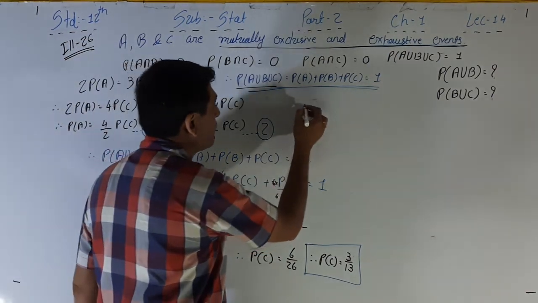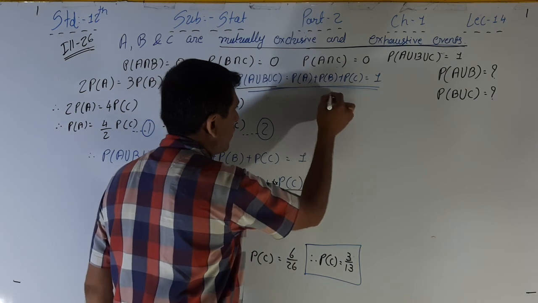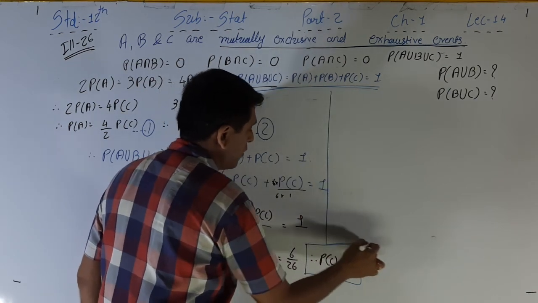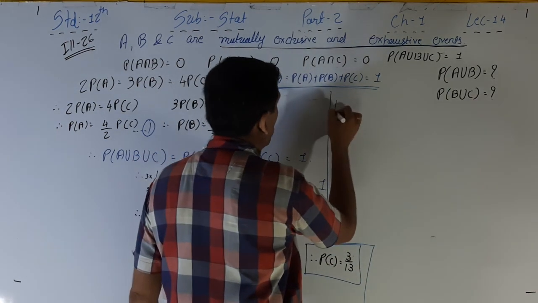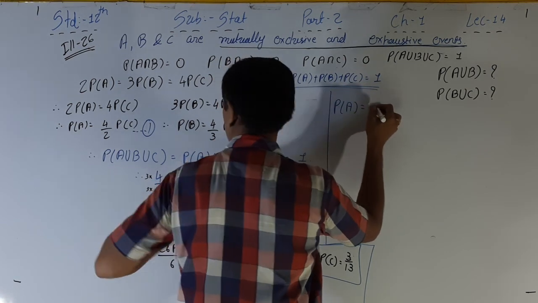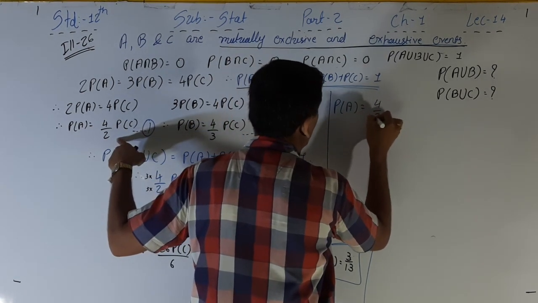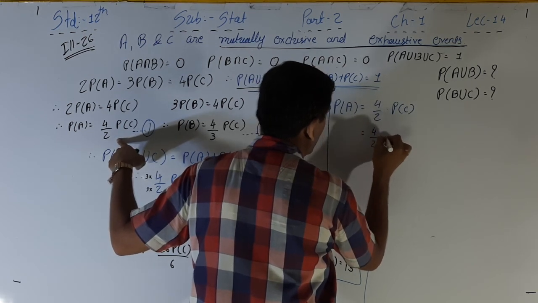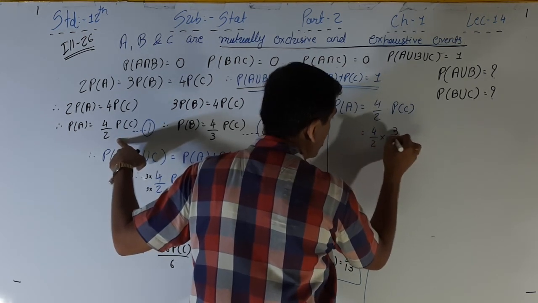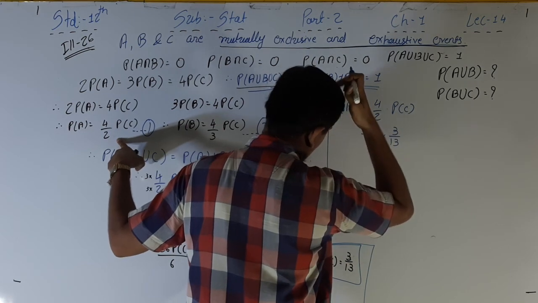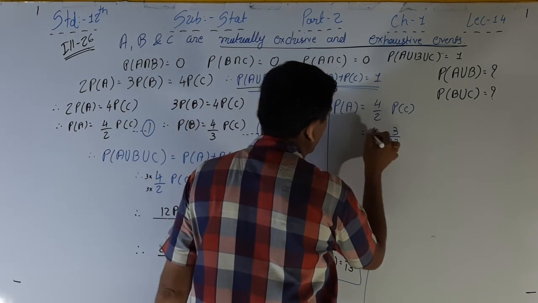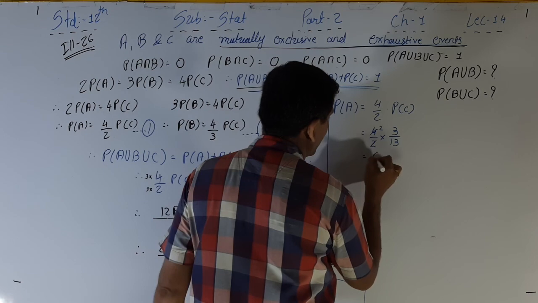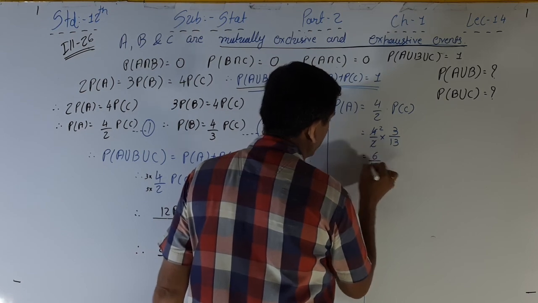Here I am putting that. P of A is equal to what? 4 by 2 into P of C. That is 4 by 2 into 3 by 13. So here we can say 6 by 13.